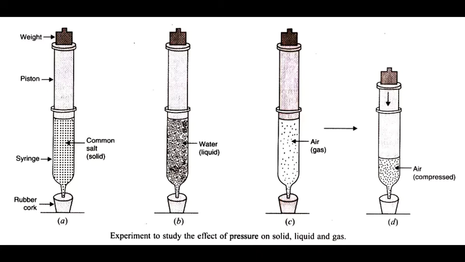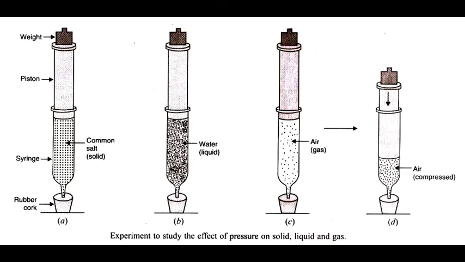You understand what will happen. In case of the solid, the salt, the piston will not go down much. In the case of water, liquid, it will go down a little more. And in case of the syringe with air in it, the piston will go down almost to the full length.